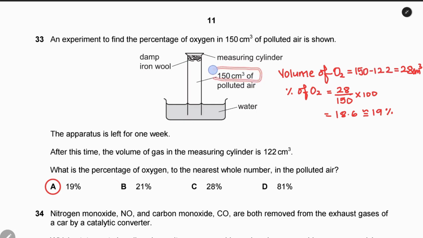Because it's the overall volume of polluted gas, and 122 cm cube is what is measured now. So we'll get 28 cm cube. Now we have to find the percentage of oxygen to the nearest whole number. So 28 is the volume we got from here, and 150 is the total volume from before, multiplied by 100 because we need a percentage. So it gives around 18.6, which rounds off to 19%. So the answer is A.